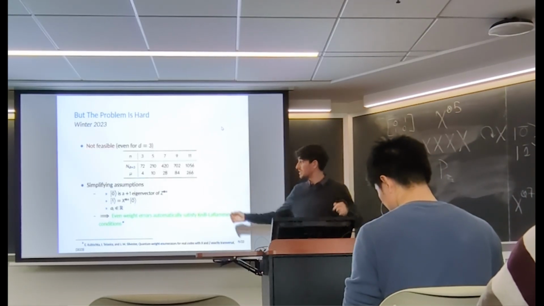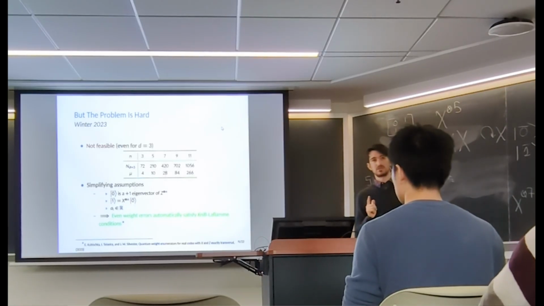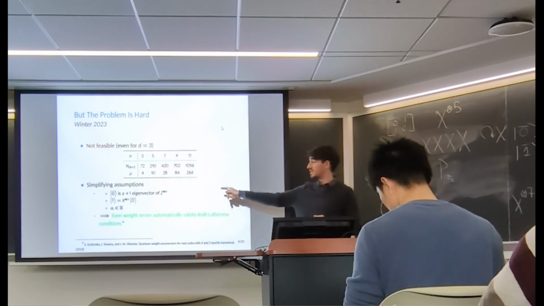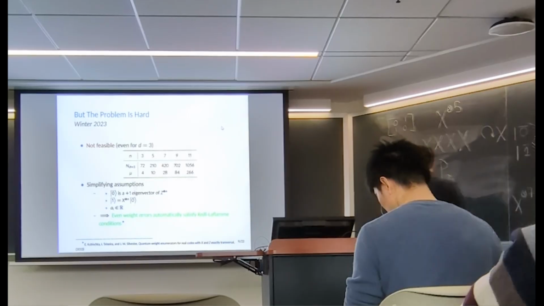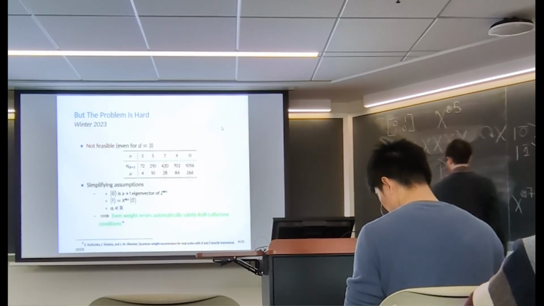So we put in these assumptions, and that basically tells us that the Knill-Laflamme conditions for all the weight 2 errors are automatically satisfied if these assumptions are met. And that's a big win, because there's not that many weight 1 errors. Weight 1 errors are like X on 1 qubit or Y on 1 qubit.